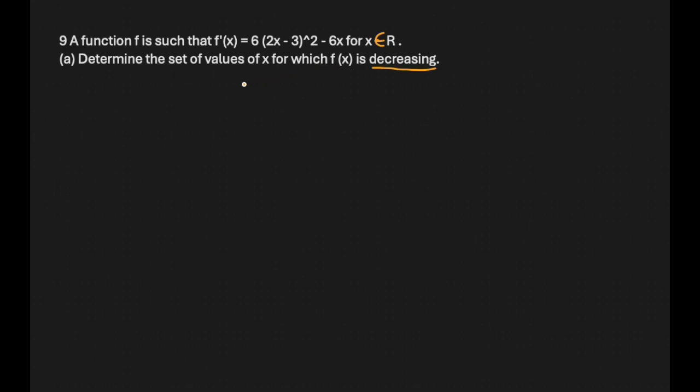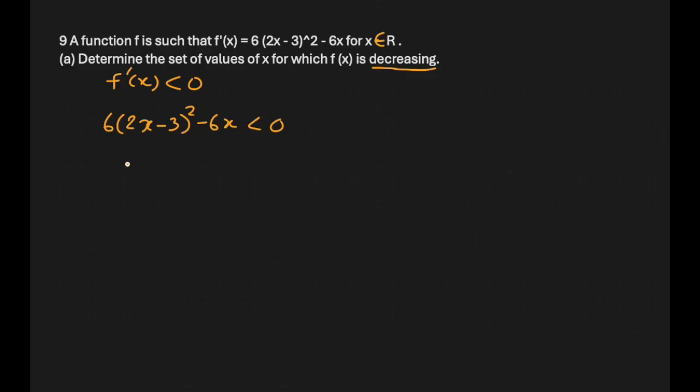When a function decreases, f prime x, which is differentiation, has to be negative, less than 0. And that's what they're asking. So this has to be less than 0. 6, 2x minus 3 square minus 6x is less than 0.